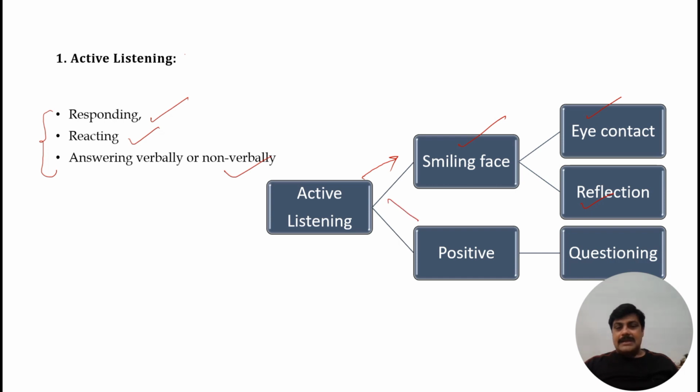On the other hand, he is very much positive towards listening, and the speaker identifies yes, he is the person who is listening properly. And another is questioning. When you listen, you ask questions. So these are some of the elements of active listening.